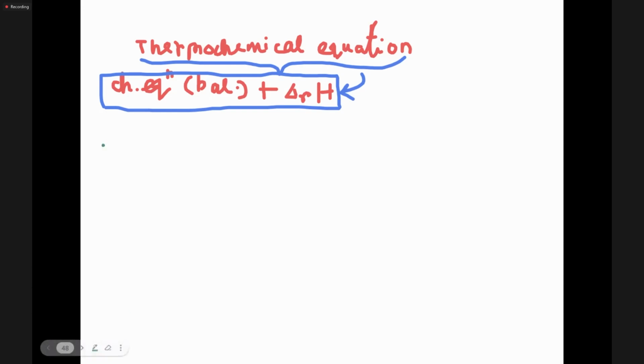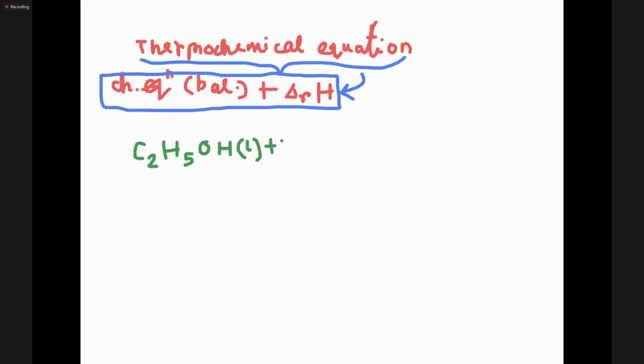For example, if we take the reaction, the burning of ethanol in air. We have ethanol, and since it is a liquid, we have to mention the physical state, that is liquid, over here.